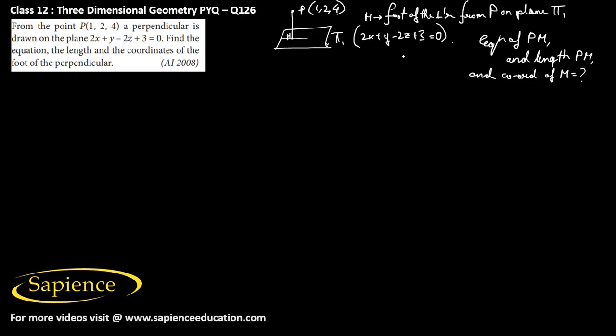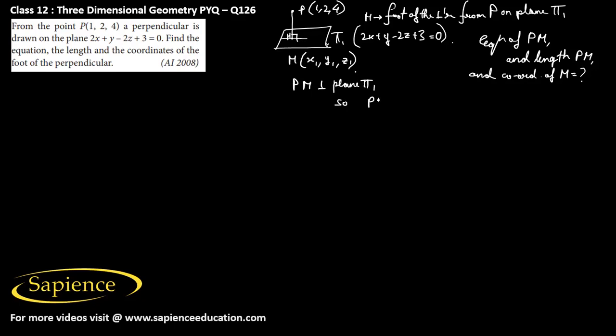Okay, so suppose the coordinates of the point M are x1, y1, z1. Then PM is perpendicular to the plane pi 1.